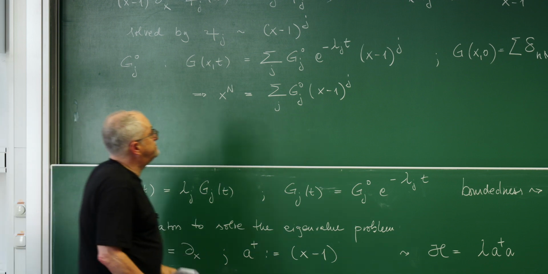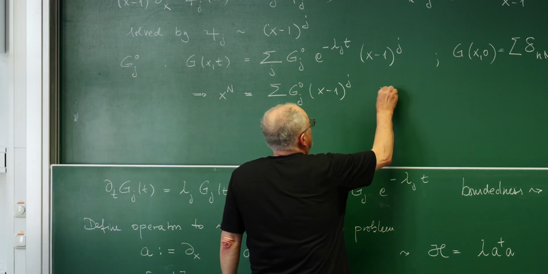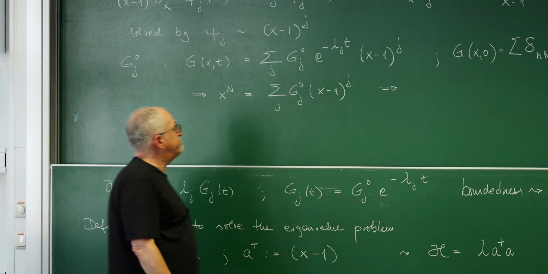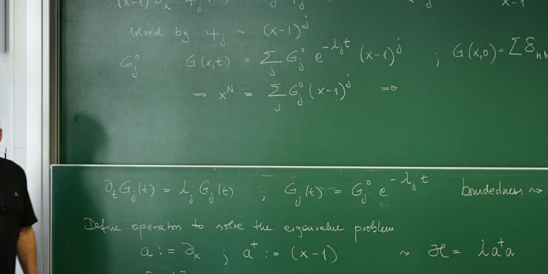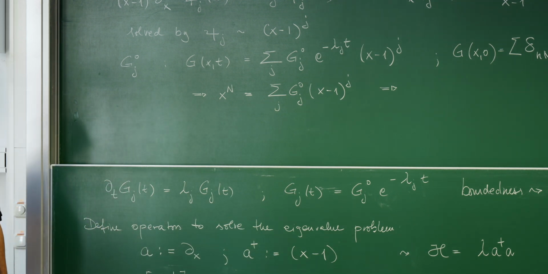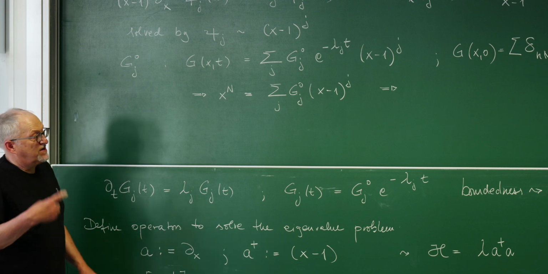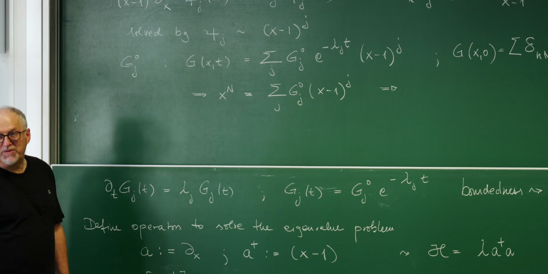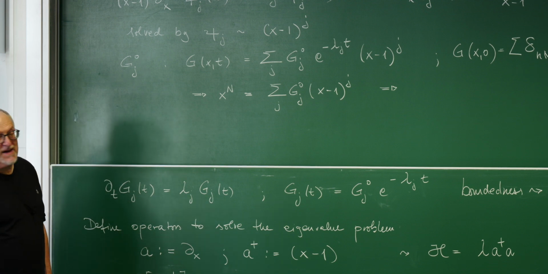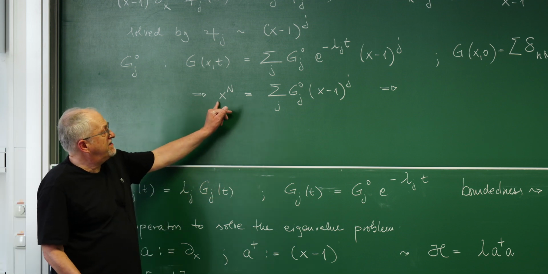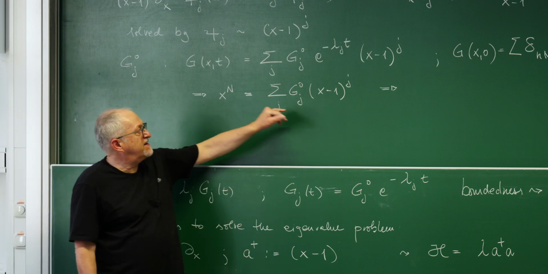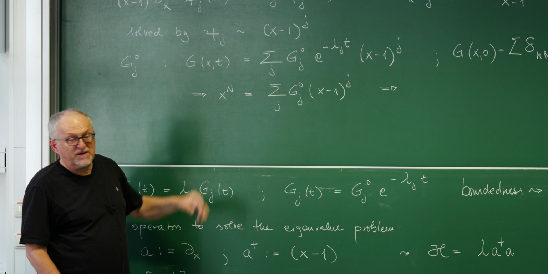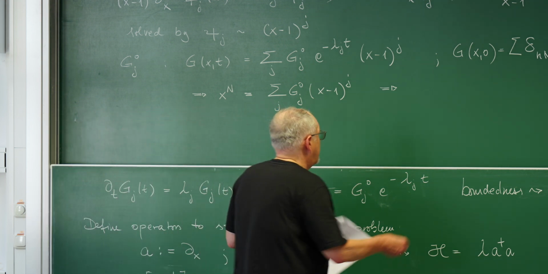Okay, so what would you conclude from that? For that, you have to remember that there's a binomial formula, right? And that you can write x to the N using the binomial formula.